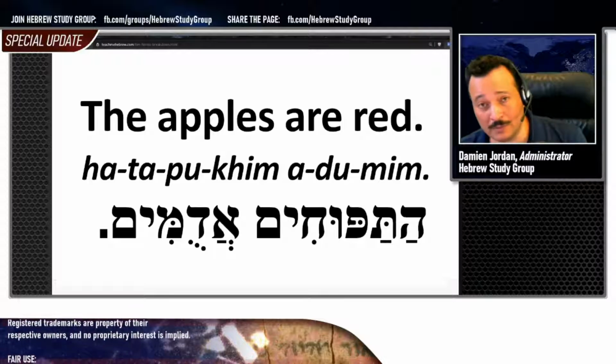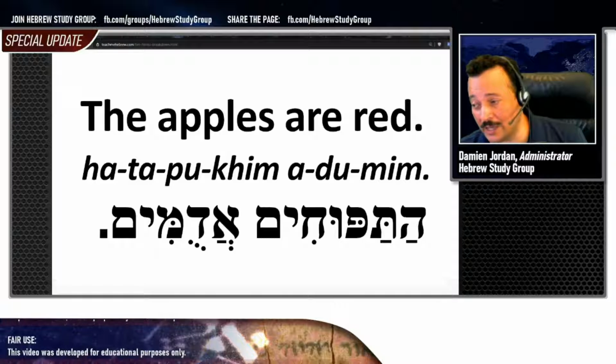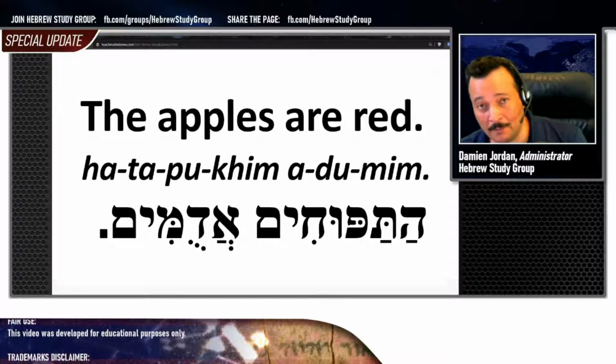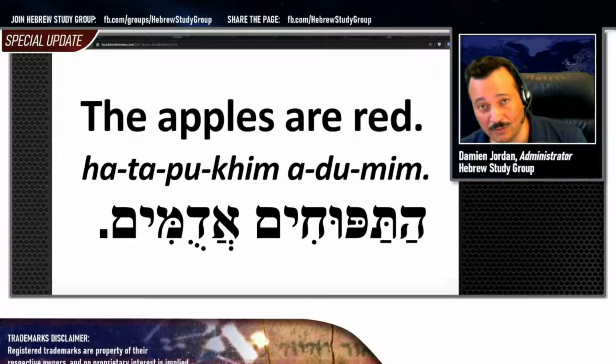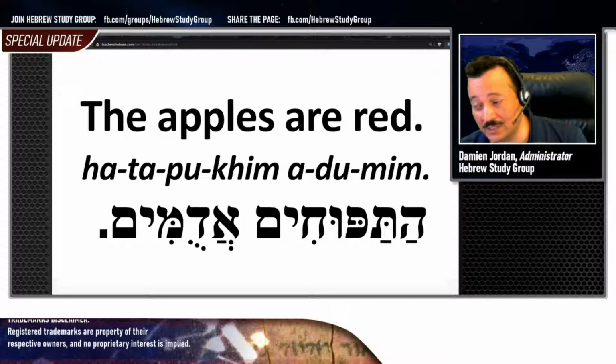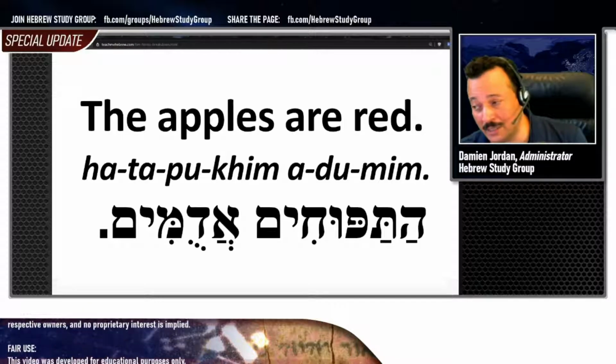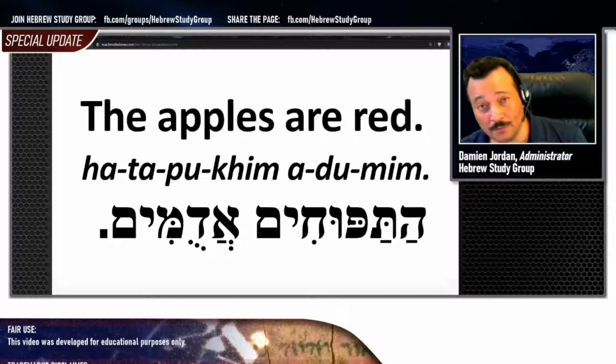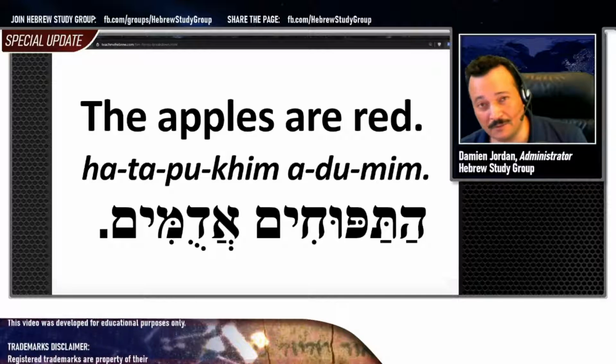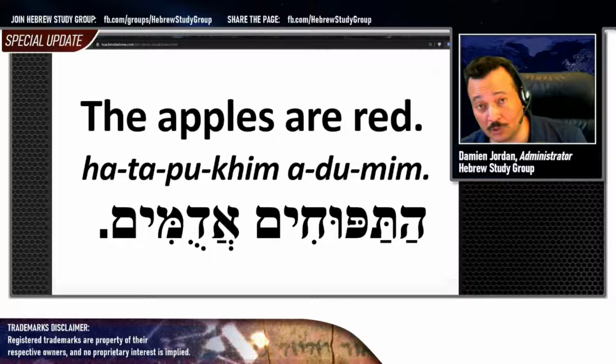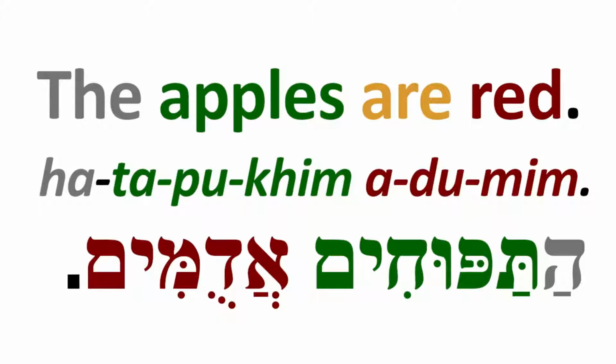And so adumim is why we have the im at the end. Okay, well technically it's just the im, but because it's the word adom being modified now to the plural, it's adumim. Okay, we have the Hebrew over here. Ha tapuchim adumim. Alright, so the apples are red.